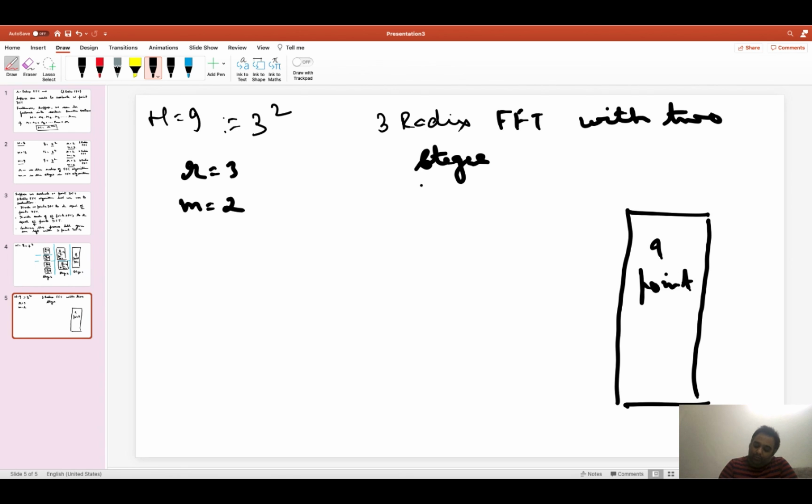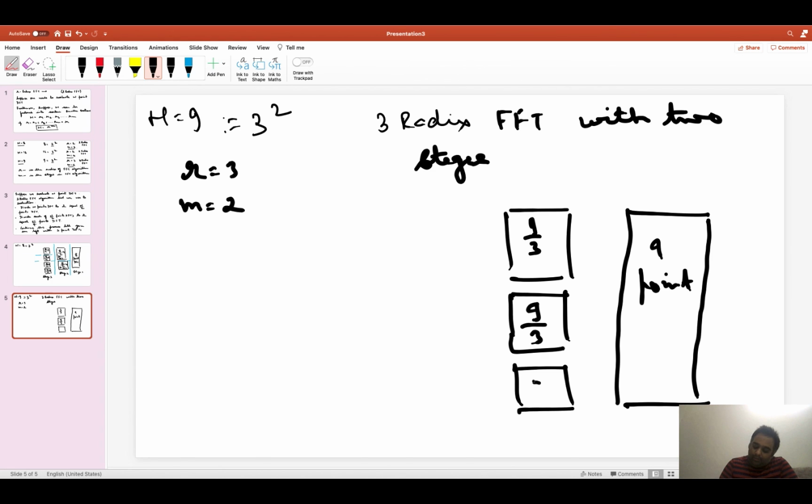Now these 9 points could be divided into 3 equal parts, N by 3, N by 3, N by 3, and let's demarcate them like this.